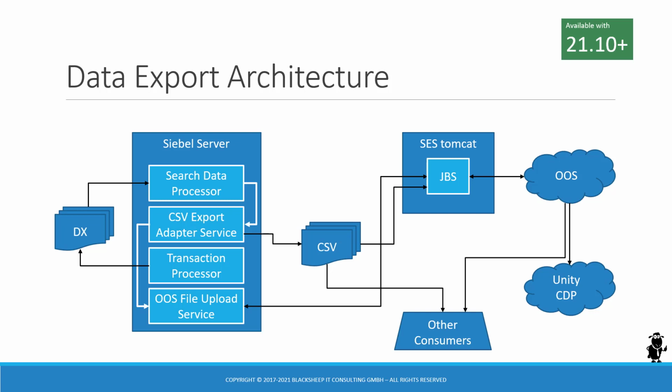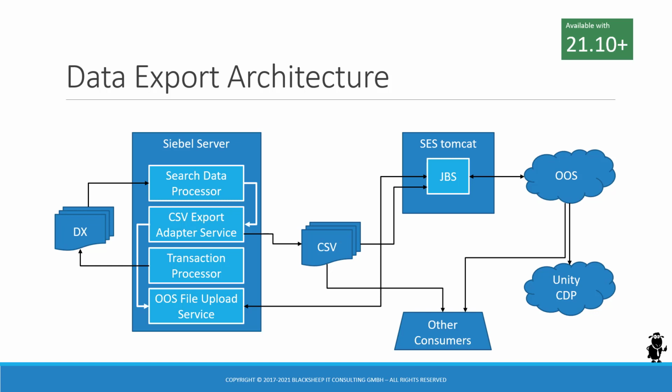There is a CSV export adapter service, a NEO service that produces the CSV files. And there's the OOS file upload service, which is essentially a Java business service. So the SES Tomcat is involved for the outbound connectivity to the Oracle Cloud and that uploads the files.